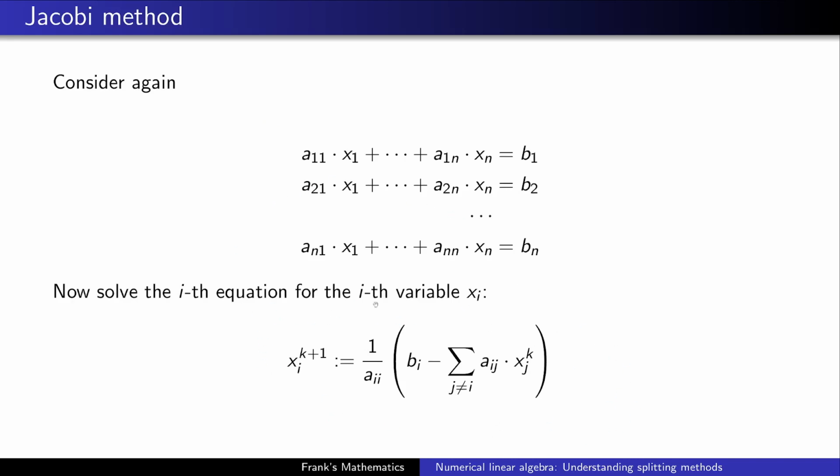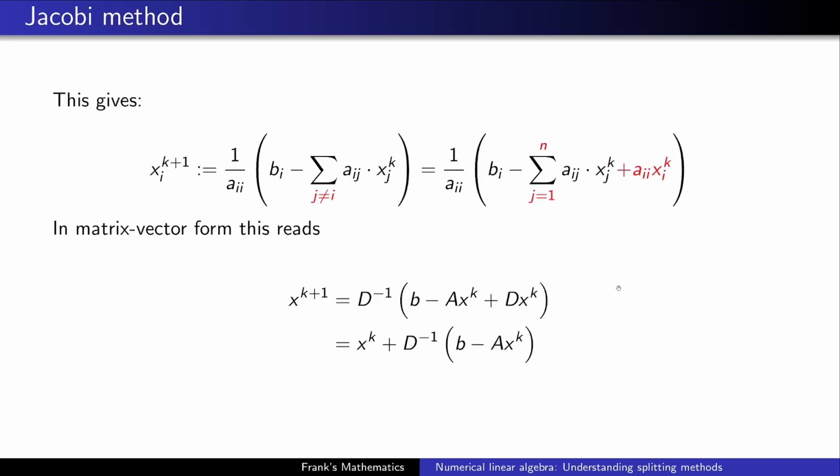And in the following slides, I will show you how this can be reformulated into our setting, which will give us the matrix formulation of the Jacobi method, and you will see that this is actually a splitting method. To do so, we do a little bit of calculations.